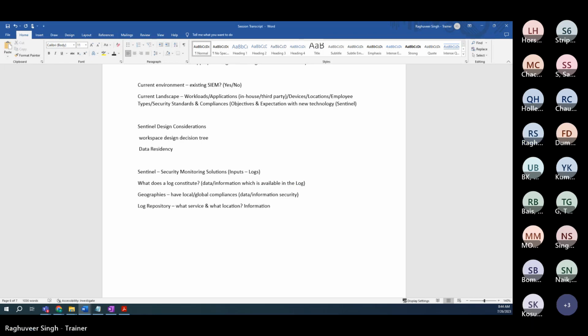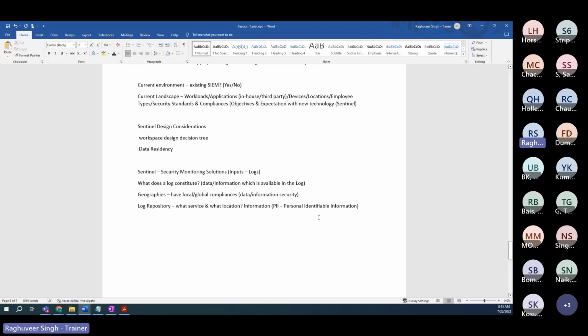There are times when the logs may contain PII. Now, what is PII? PII is personally identifiable information. So if logs are containing PII, then you will need to think of compliances, because there are compliances which regulate, enforce, or provide guidance on how you need to deal with PII.